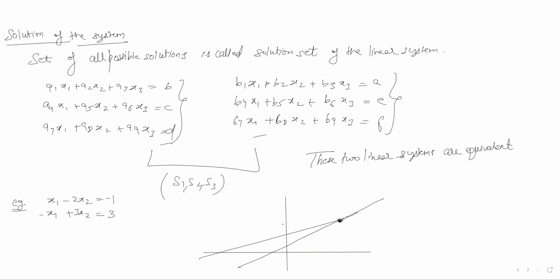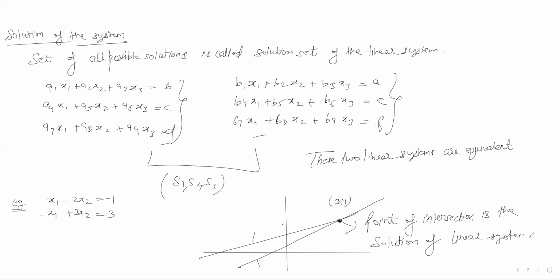So here, if I get a value at this point, let's say I am getting the value 3 comma 4, then this 3 comma 4 will satisfy both of these equations, right? So this means that this point of intersection is the solution of our linear system.